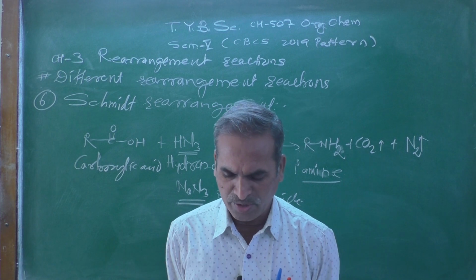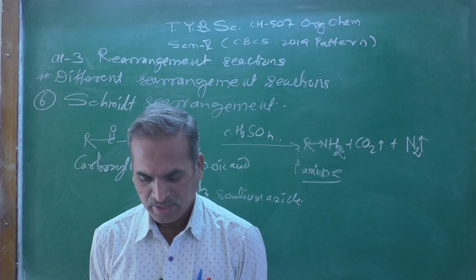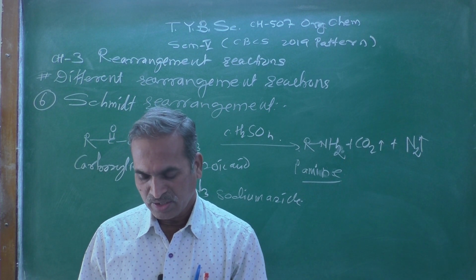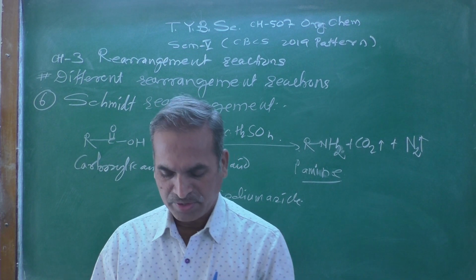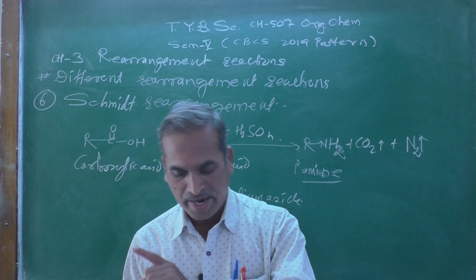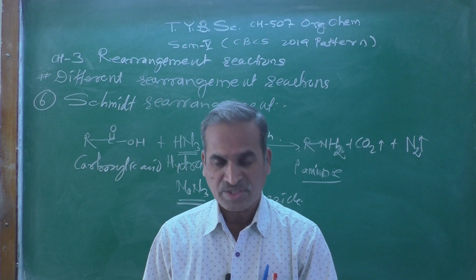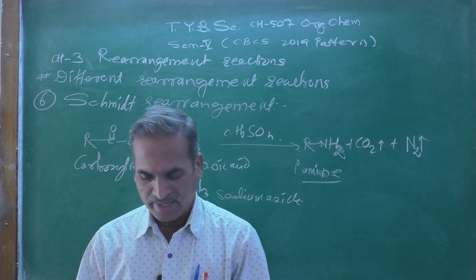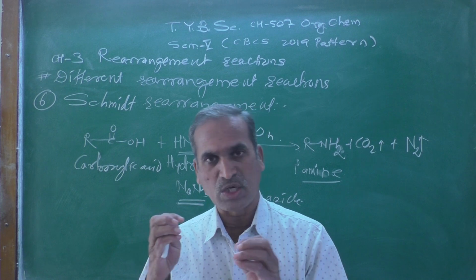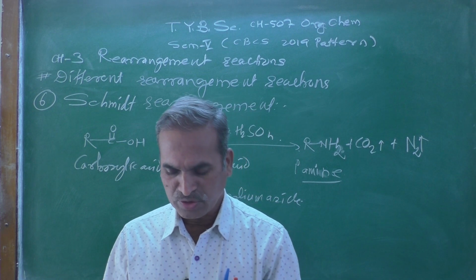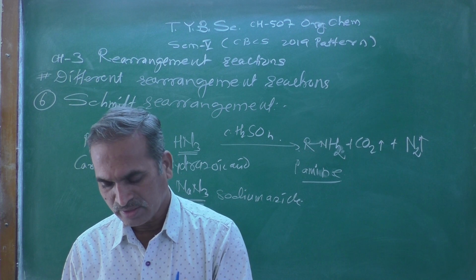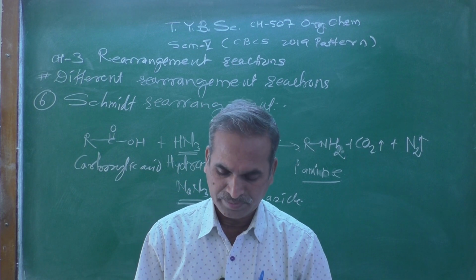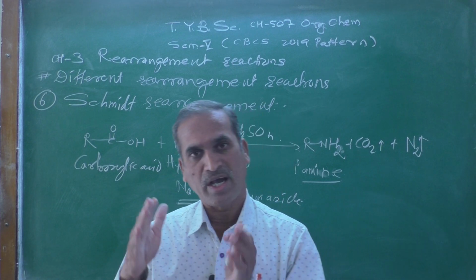The addition of hydrazoic acid, A, to a protonated carboxylic acid leads to the formation of a protonated azide, which is represented as B. The protonated azide subsequently loses a nitrogen molecule to give the intermediate C, which undergoes rearrangement to give isocyanate.